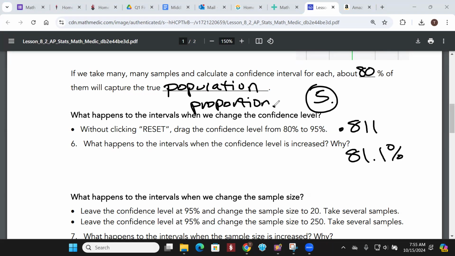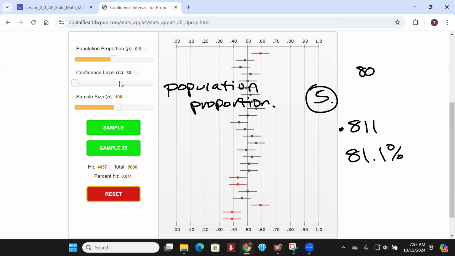We are interpreting that confidence level. Okay. Now, what happens to the intervals when we change the confidence level? So on your thing, I want you to change it from 80% to 95%. So going back in here, if it'll load, I want you to change the confidence level from 80% to 95%.